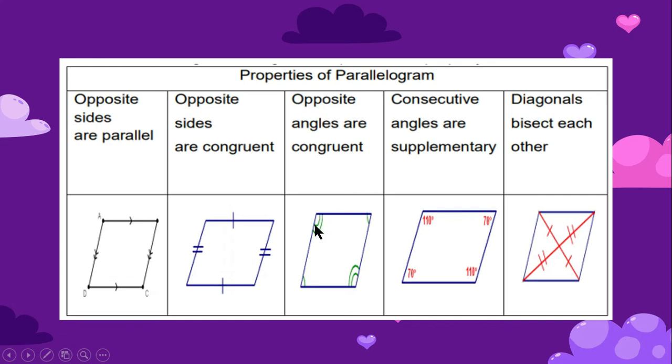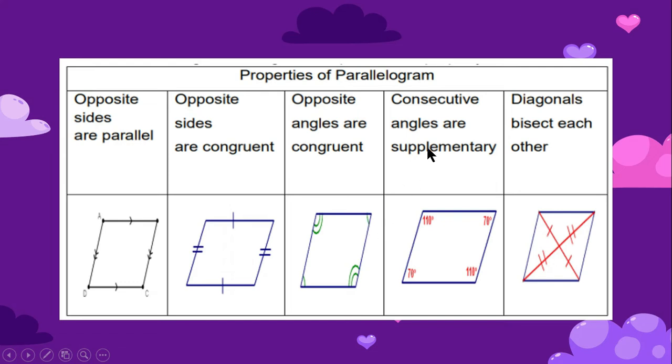Assuming that this is the angle, the opposite angle of this angle is this, and they are congruent. They should be congruent to be a parallelogram. The second pair of opposite angles should also be congruent.